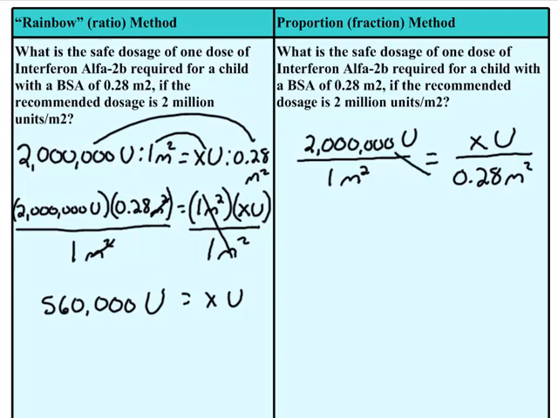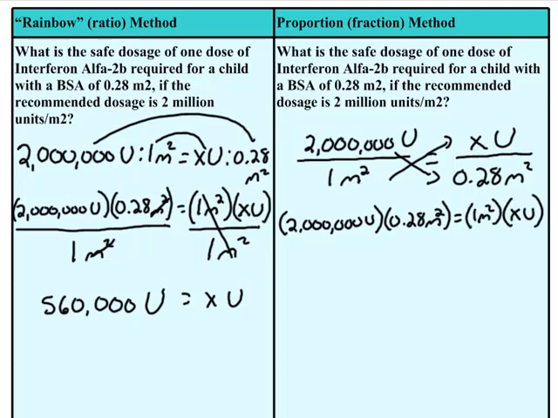We then would cross multiply to solve for x. 2 million units times 0.28 meters squared is equal to 1 meter squared times x units. In order to get x by itself, we have to divide both sides by 1 meter squared.